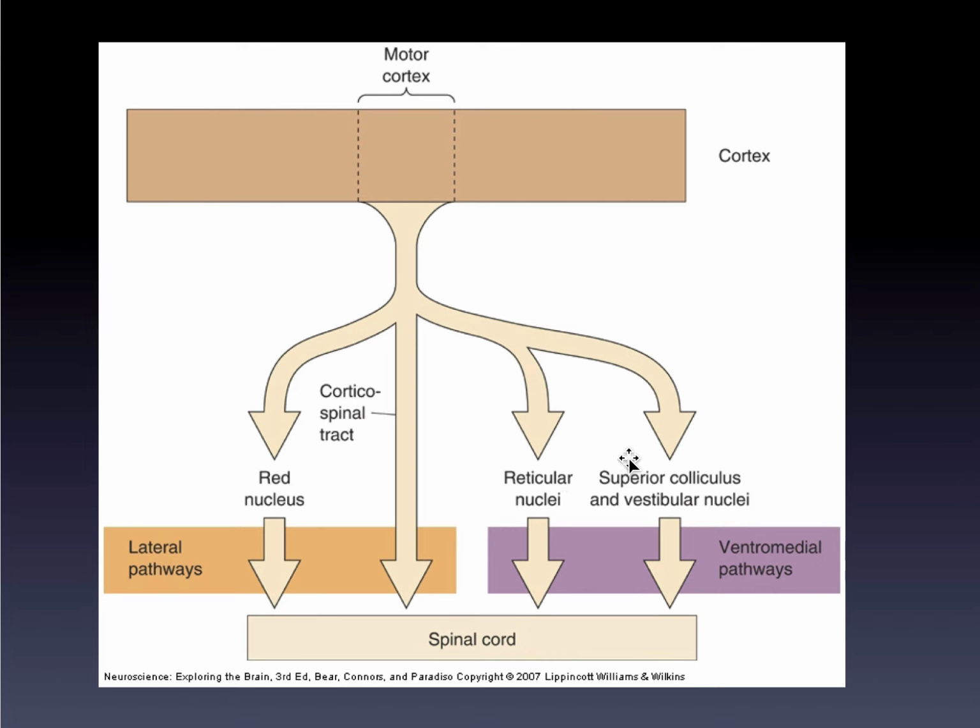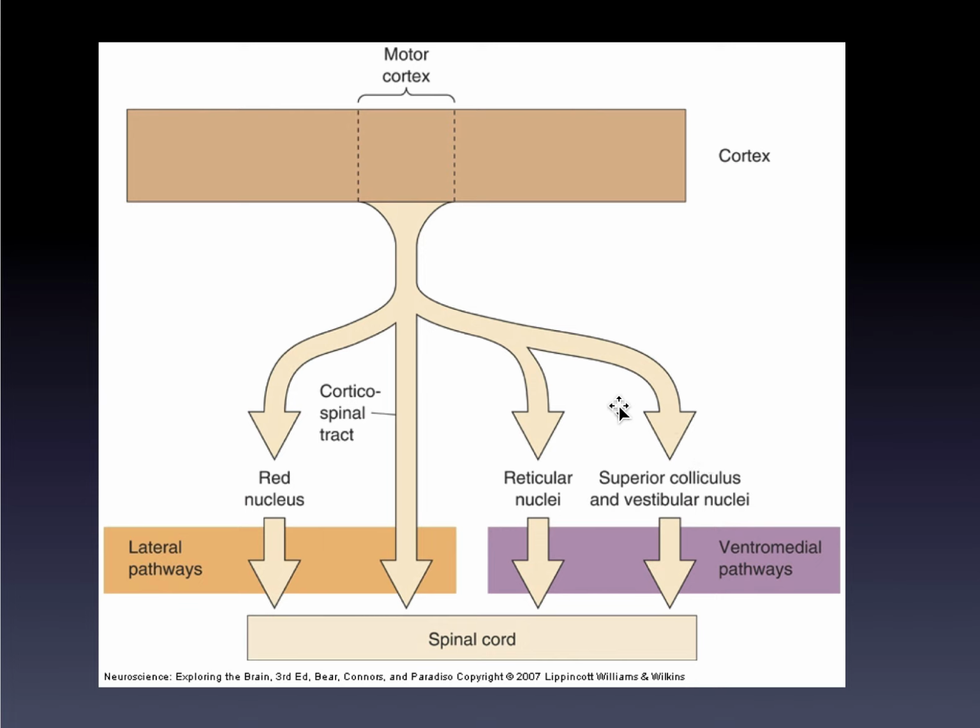Now I focused on the automatic function of these, for example, the vestibular input to the vestibular nuclei for balance and so forth. But there is, of course, a large input to these deep structures from the cortex. These structures in the brainstem have a large input, right? The largest input, for example, to the superior colliculus is from the motor cortex.